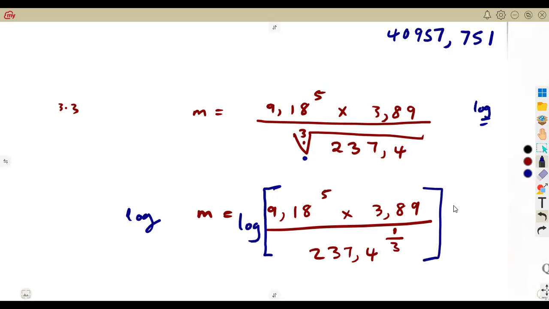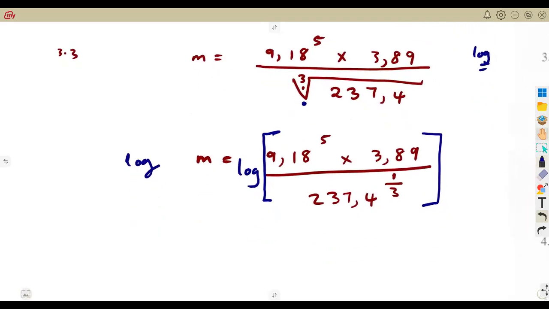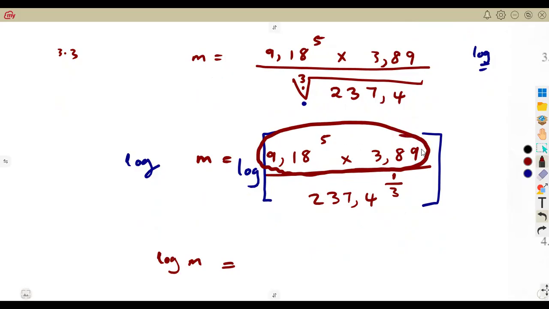The moment a log is introduced, it means laws of logarithms must take place. So the logarithm of m is equal to what? There is a product there on top. Numbers are being multiplied. I talked about this, guys. If you're multiplying, it means you add the logarithms. Division, subtraction. So you can simply separate that way. Multiplication is addition.